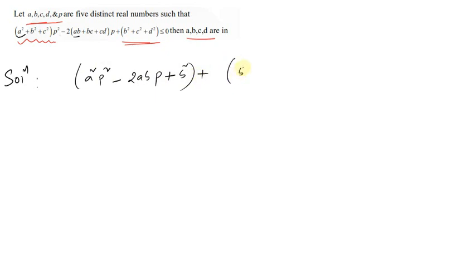Next, come to one more. B square p square minus 2bcp plus c square plus one more c square p square minus 2cdp plus d square. This is always less than or equals to 0.